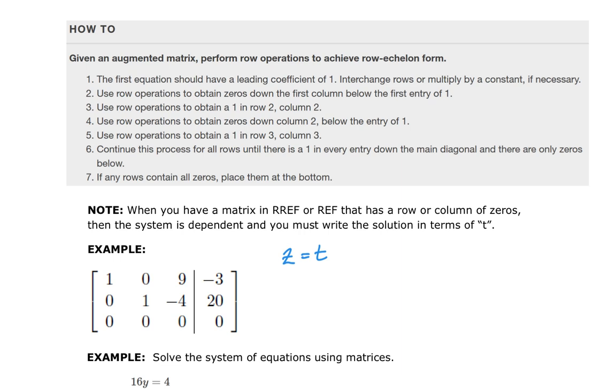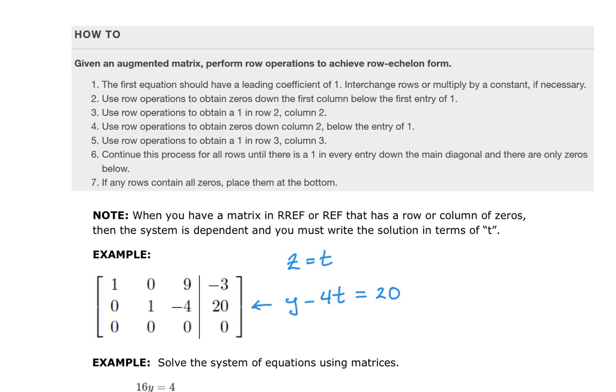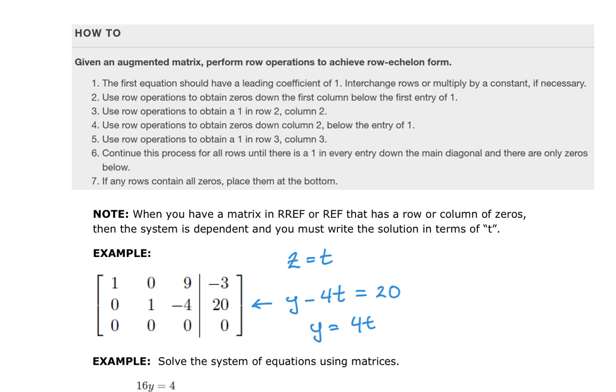So then this is y minus 4t is equal to 20. So y is equal to 4t plus 20. And then this one tells me that x plus 9t is equal to negative 3.